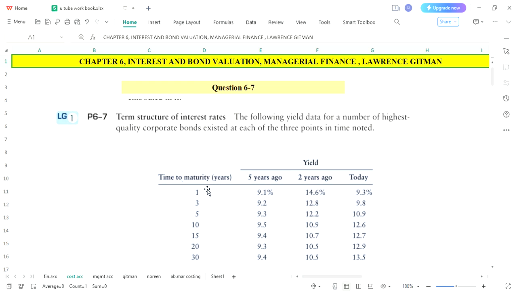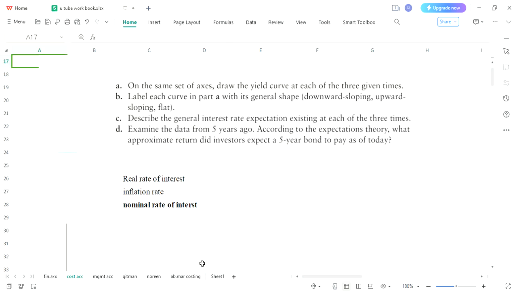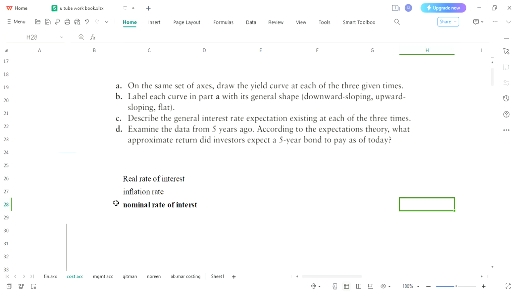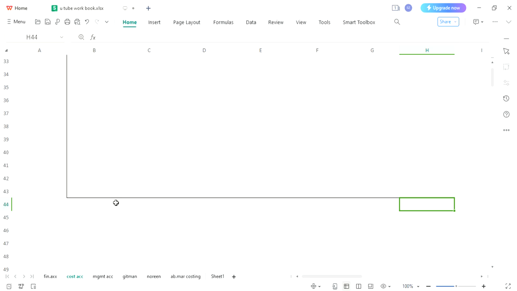Time to maturity will be presented on the x-axis. The least time mentioned over here is 1, and the maximum time is 30. And how many columns do we have? This is 1, 2, 3, 4, 5, 6, 7. So 30 would be presented in 7 columns.